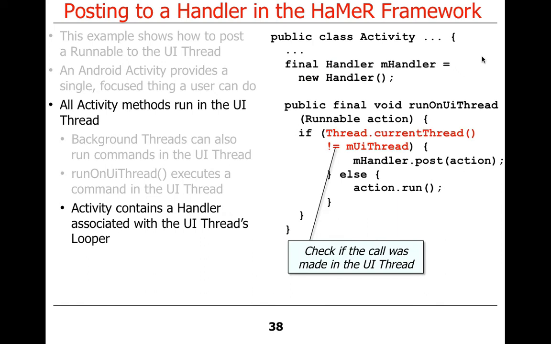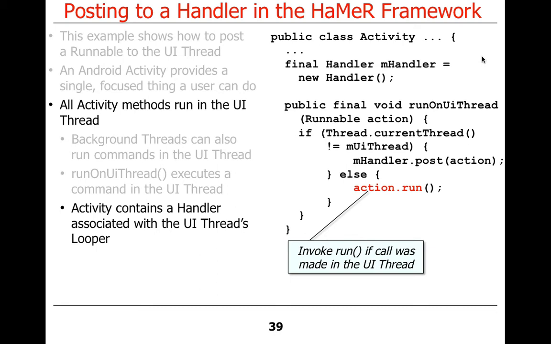And what runOnUiThread does is when you call it, it checks to see if the current thread is the user interface thread or not. And if it is the user interface thread, then it goes ahead and just invokes the run method on the runnable command directly because it's already in the user interface thread.